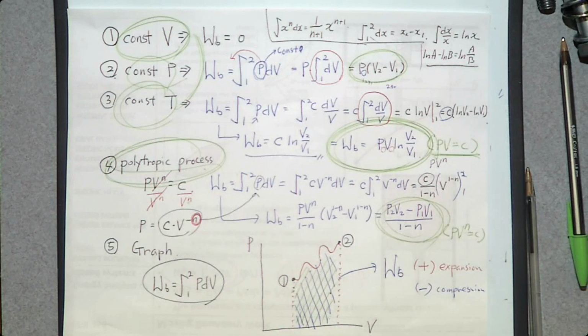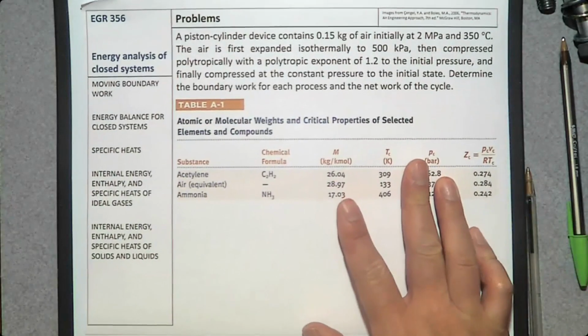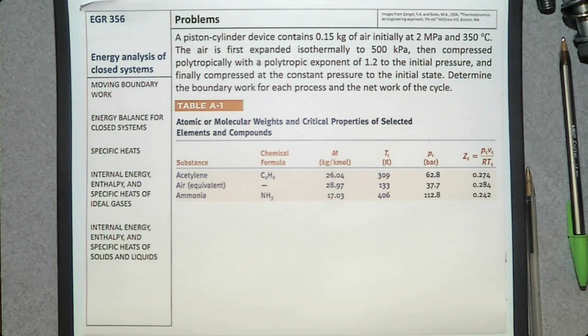And we solved one easy problem. After you solve an easy problem, what's next? Solving a little challenging problem, right? So let's look at this problem. A piston cylinder device. Why piston cylinder device? Because in a piston cylinder device, the volume can change.